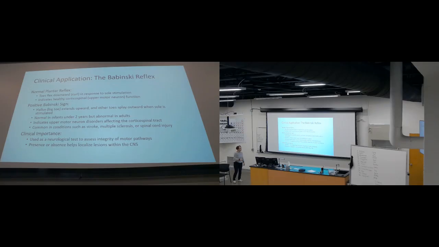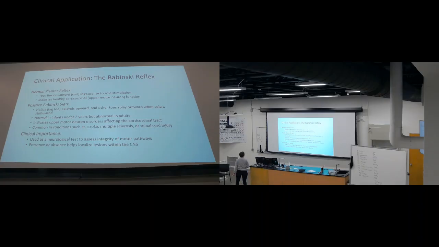But when someone has problems in this corticospinal pathway, and then you stimulate this sole, you will extend your toe upward. And then you spread your toes outward as well. So you basically abduct. In infants, since they still haven't myelinated this pathway, the Babinski reflex is positive.